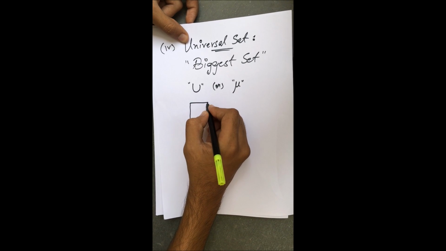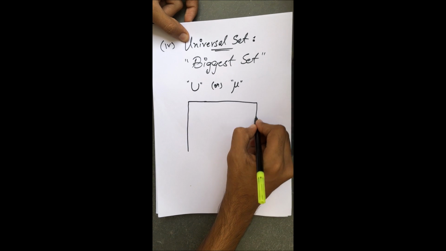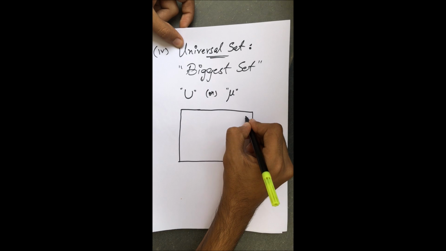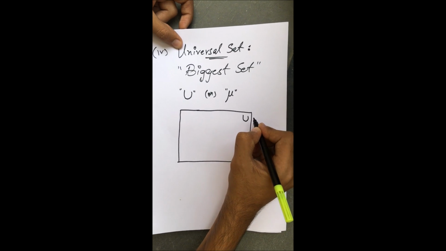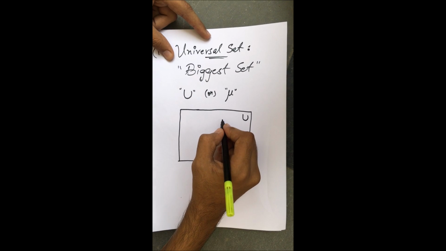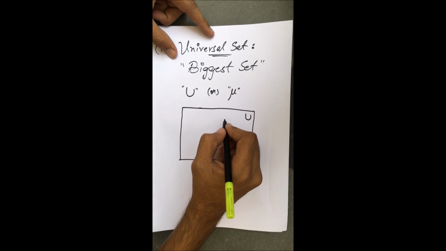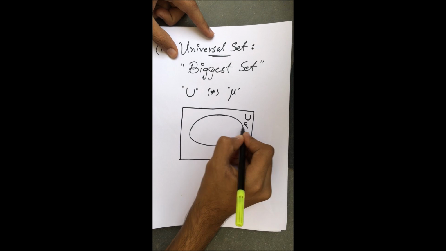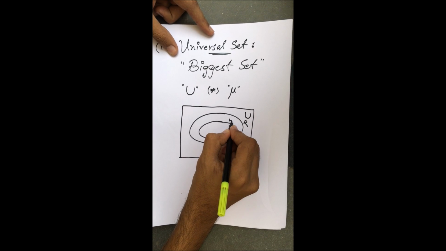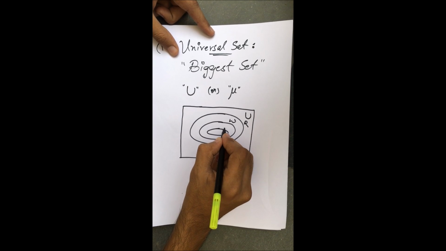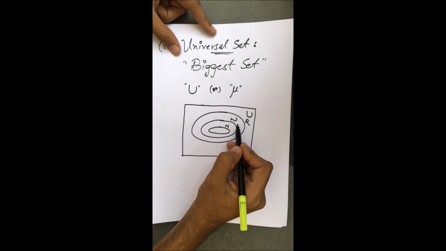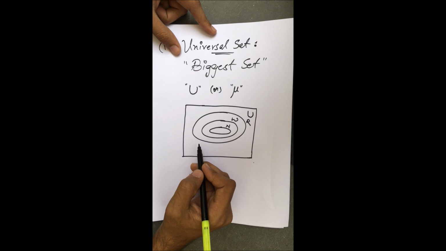What is a Venn diagram? That will be explained in the later topics. A Venn diagram is represented by a rectangular box, which is the universal set U. As I said, the universal set is the biggest set and all the sets come under the universal set. This is the set of all the real numbers, this is the set of all the whole numbers, and this is the set of all the natural numbers. So we can say that in the universal set, all the other sets exist.